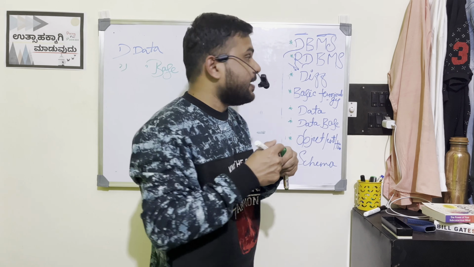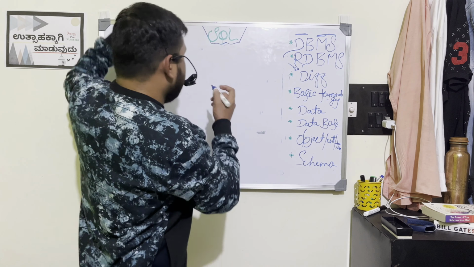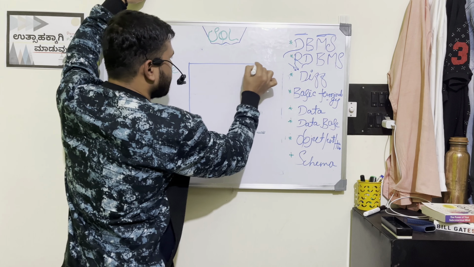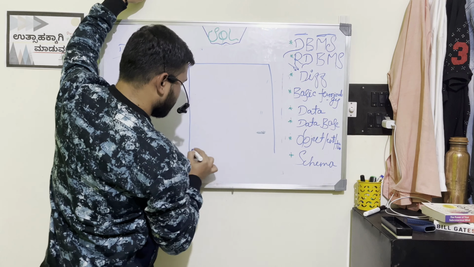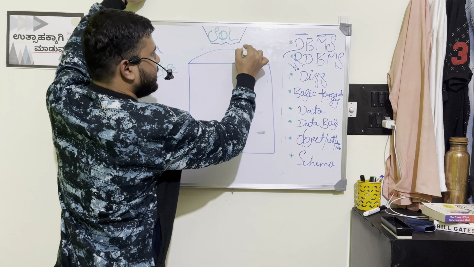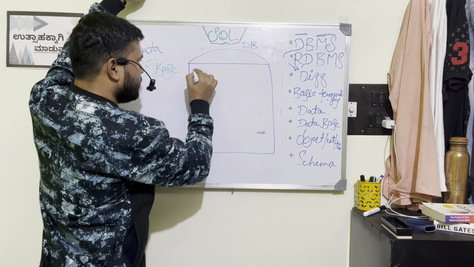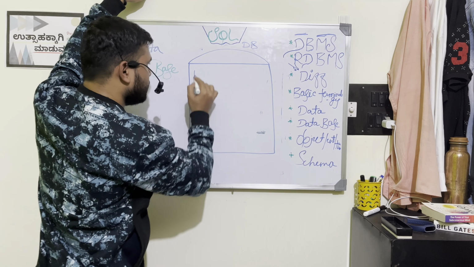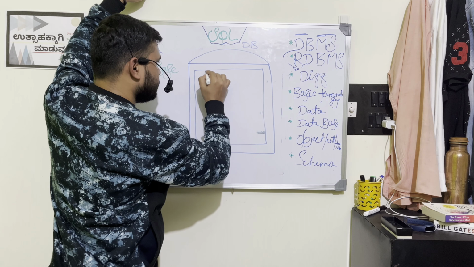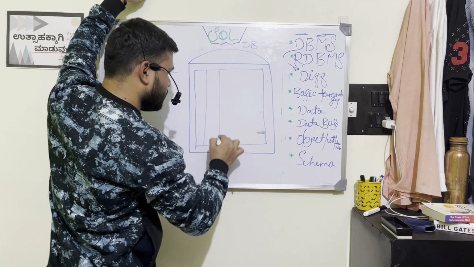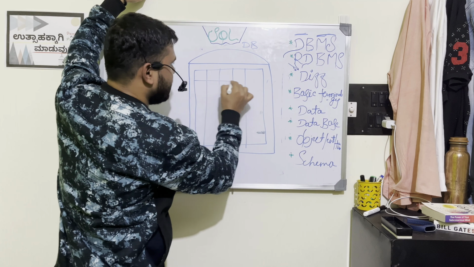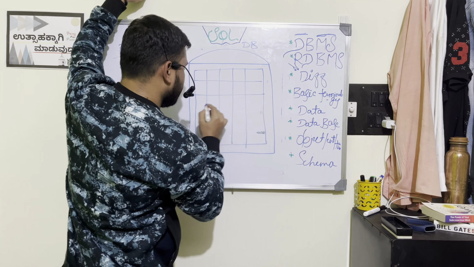Now we will see the diagram for a database. This is the database. This is the table. In RDBMS, the database is always in table format or tabular format.